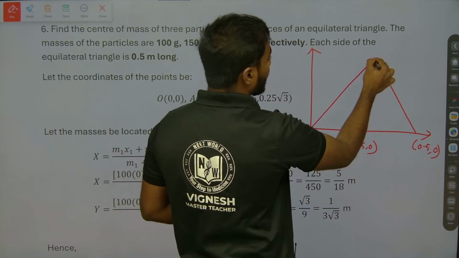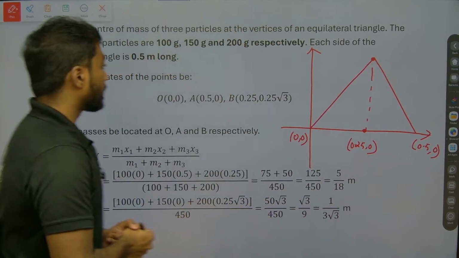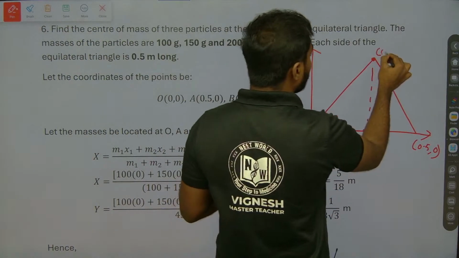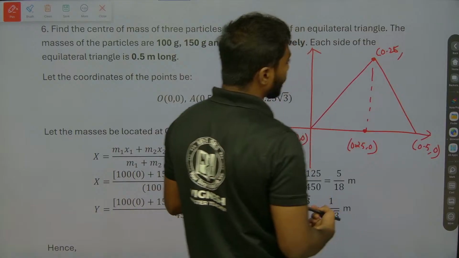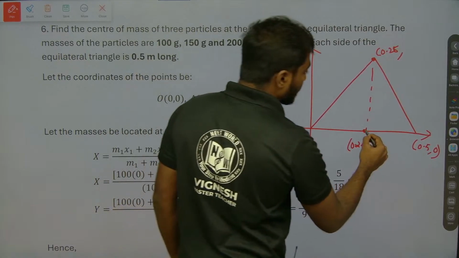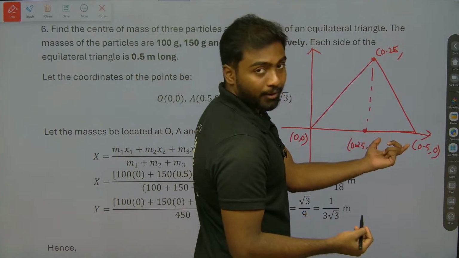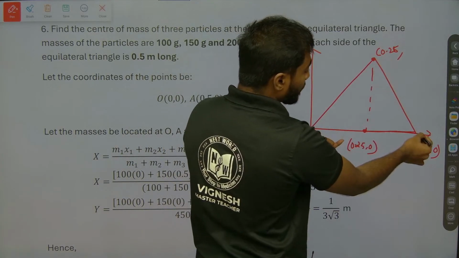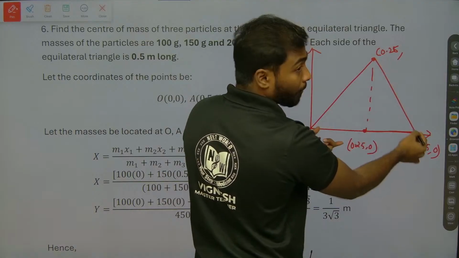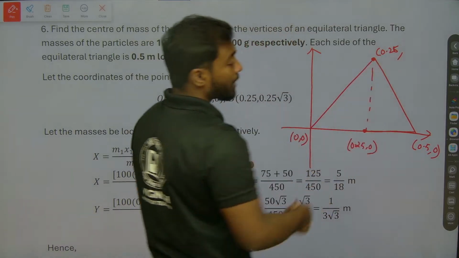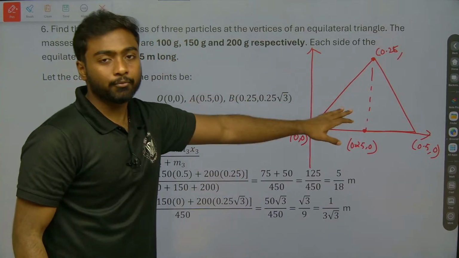What about this point? I need to find it. One coordinate will be 0.25, and this side is 0.5. Hypotenuse square will be the sum of squares of the two sides.